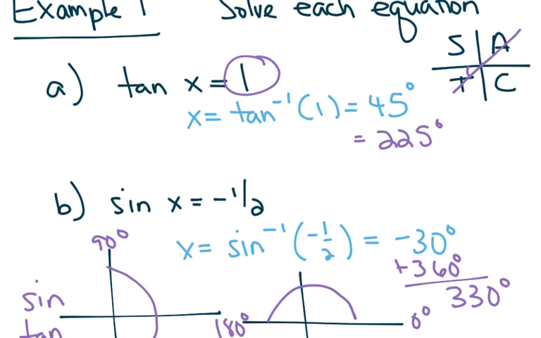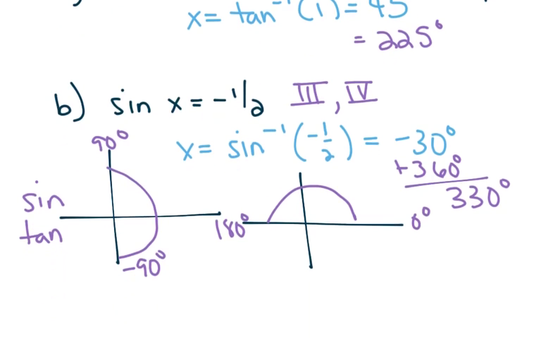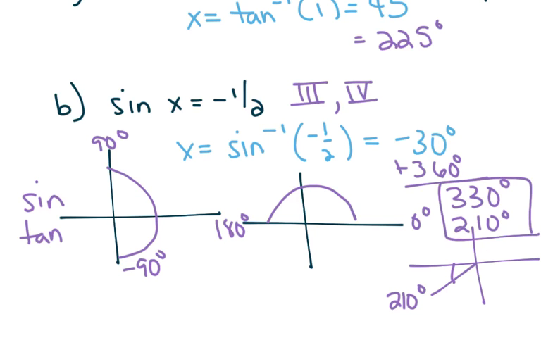If you look at your All Students Take Calculus, sines are positive in Quadrant 1 and 2, but they're negative in 3 and 4. So my two answers will be in Quadrants 3 and 4. Well, 330 is in Quadrant 4. What is going to be the angle in Quadrant 3 whose reference angle is 30 degrees? Well, it's 180 plus 30, which is 210. So the other answer is 210.